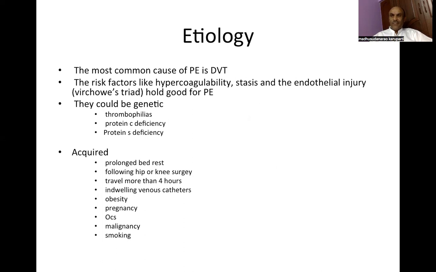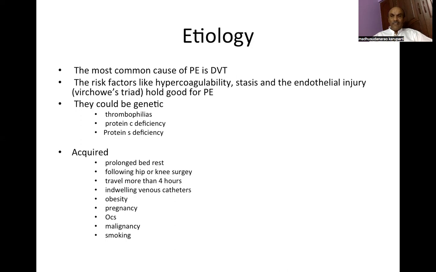These risk factors are similar to those that result in the pulmonary embolism. The other risk factors include genetic and acquired. Genetic factors are conditions associated with thrombophilia, protein C deficiency, protein S deficiency, and genetic hyperhomocystinosis.